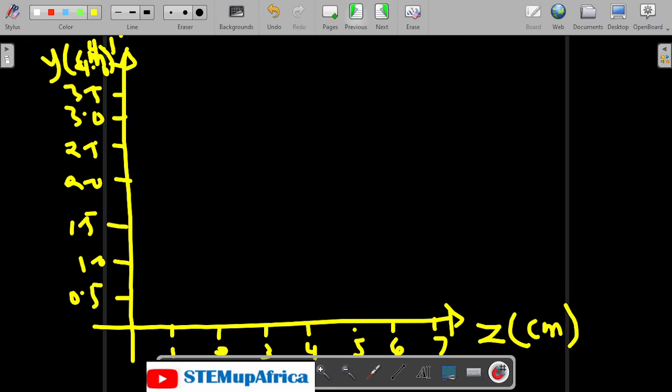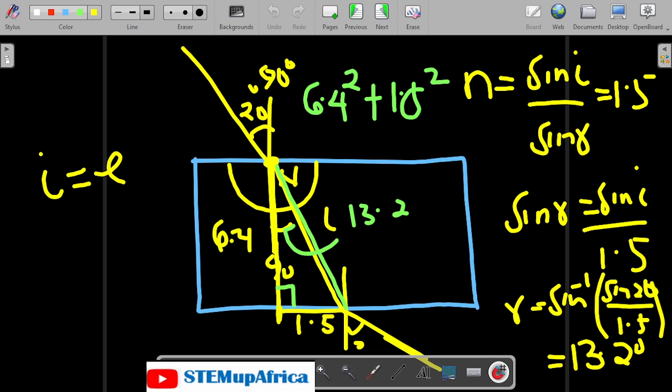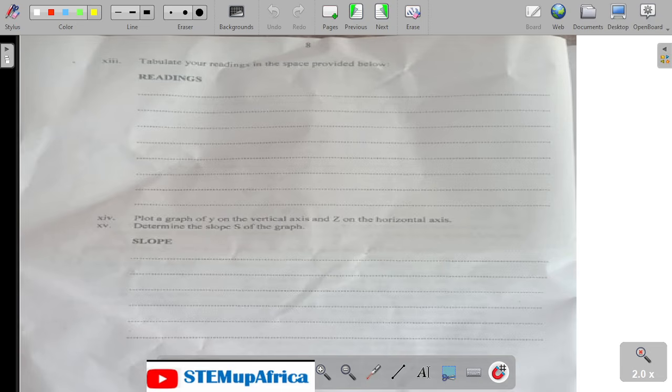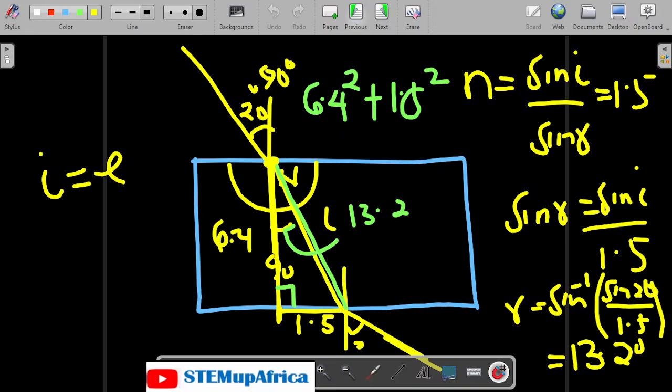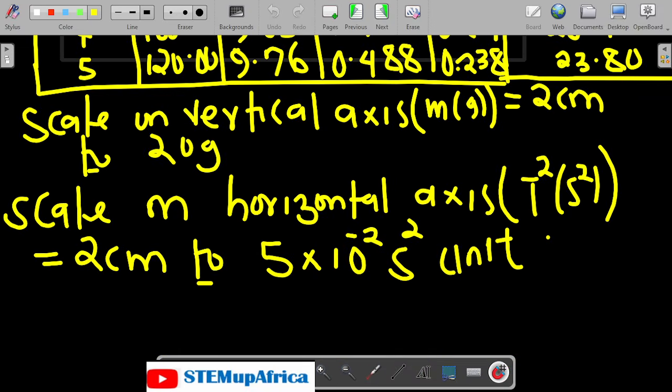So you start plotting your values from your table. Start plotting the table of values. So let's see the table of values for that particular question.